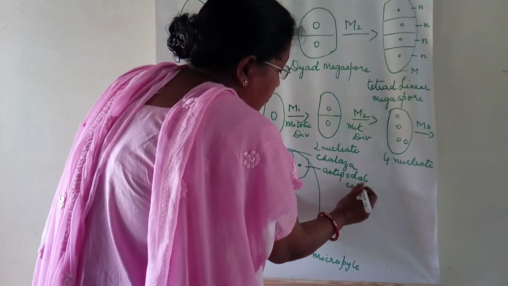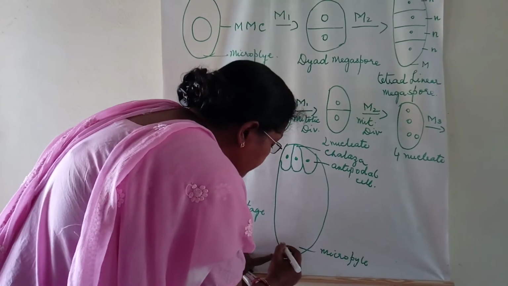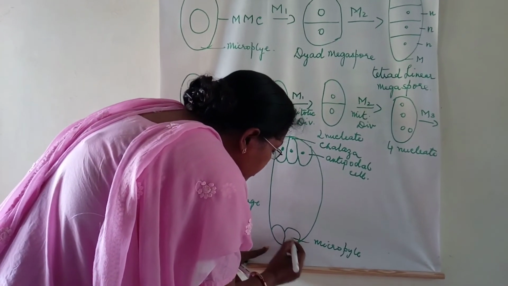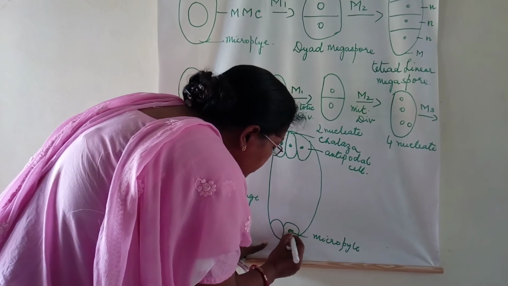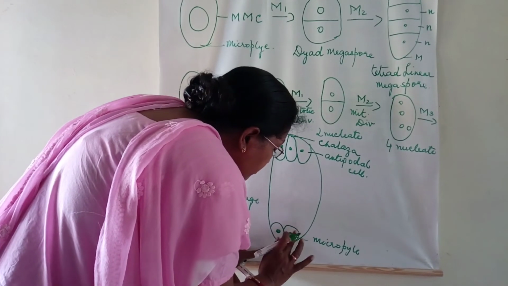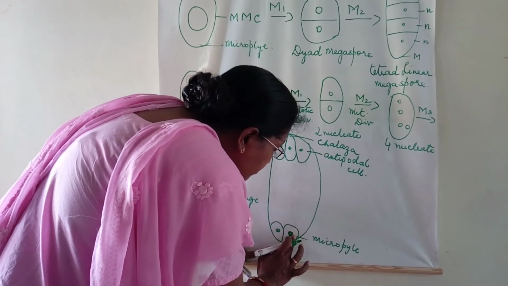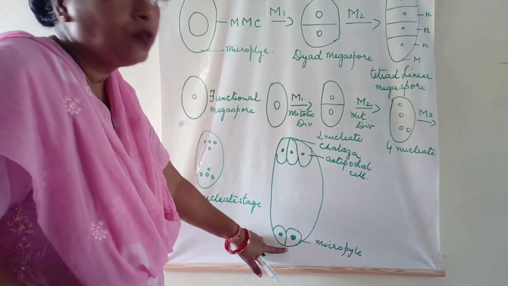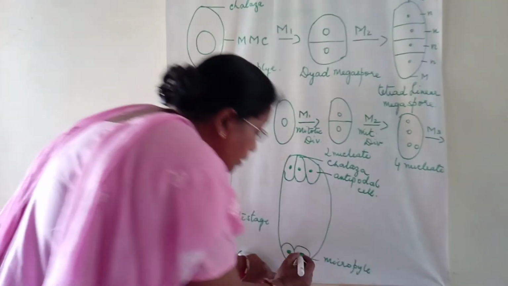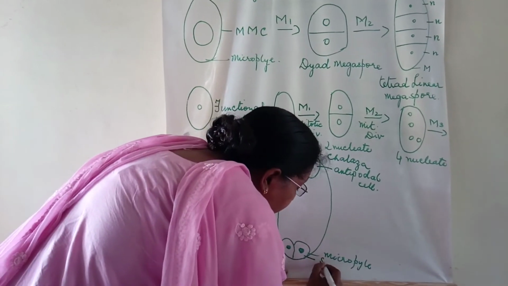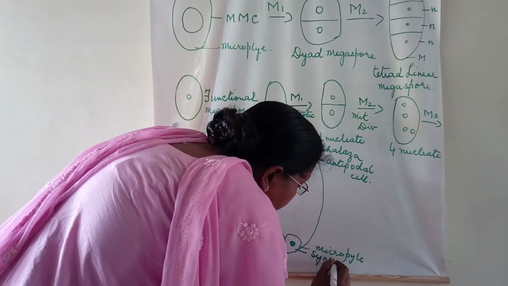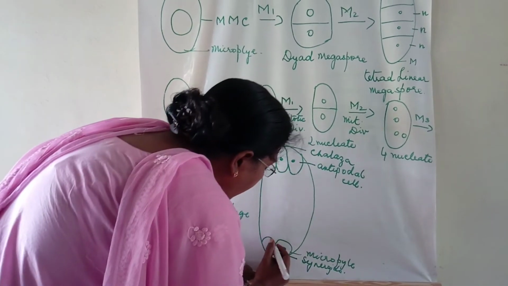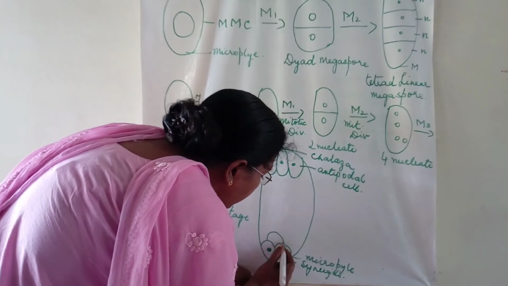This is the antipodal cell. The two cells at the micropylar end form the synergids, and one egg cell is formed.